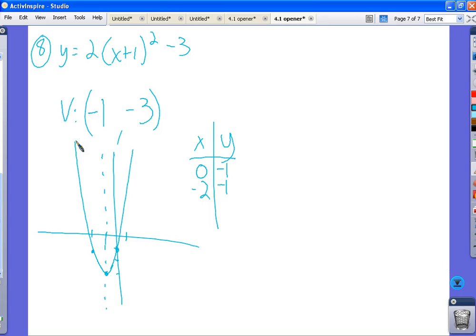Now, we're going to look at another form called intercept form. It's the last form.